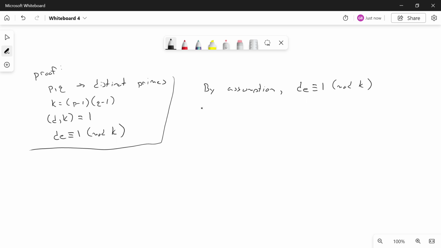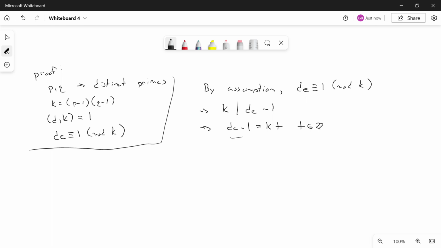Which of course means that K divides the difference, DE minus 1, which means I could write DE minus 1 as a product of K times some T, where T is an integer.